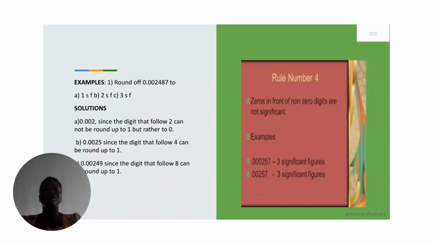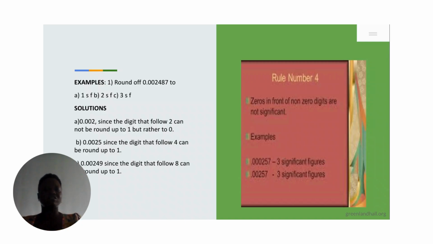Example, we are asked to round off 0.002487 to A, one significant figure, B, two significant figures, C, three significant figures.